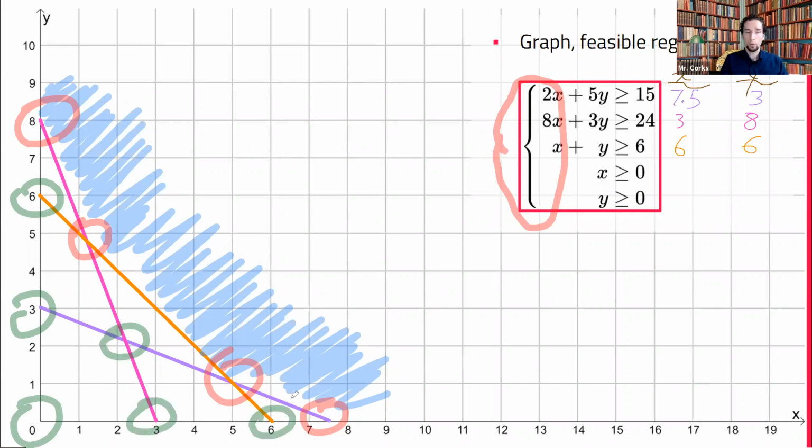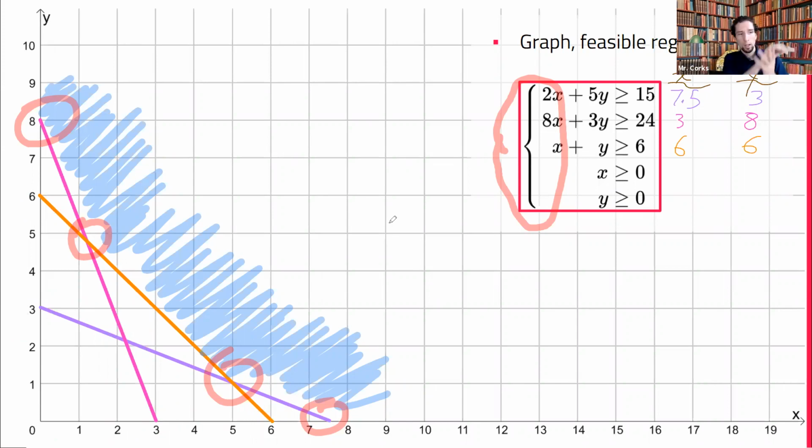So before we make the graph, we don't actually know. We have 10 different things that could be the solution. Which one is it? After we make our graph, we can eliminate those and say, okay, it's actually just 4 possibilities. So it shrinks it down a lot, and then we use our iso cost line and eliminate down to 1. Otherwise, we'd have to do systems of equations and elimination and calculate the profit at 10 different points. That sounds like a lot of extra work. So there's a nice efficiency that we get from this graphing process.